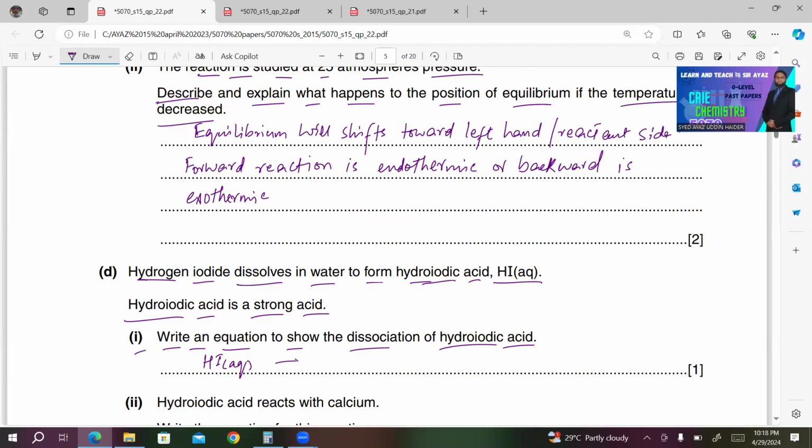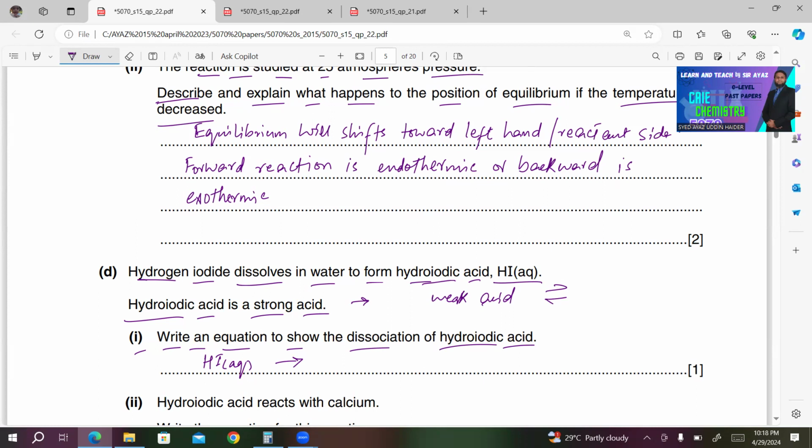Remember, you have to show this sign, only one direction sign, because they are saying it's a strong acid. For strong acids, we use this sign. For weak acids, we use the reversible sign, because in weak acids the molecules on the product side rejoin, combining to give the reactants again.